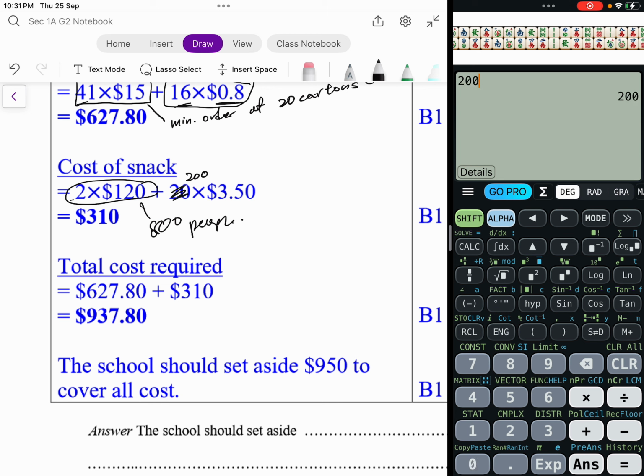So 200 times 350 is 700. Then you plus the additional of 2 times 120. You should be 940.